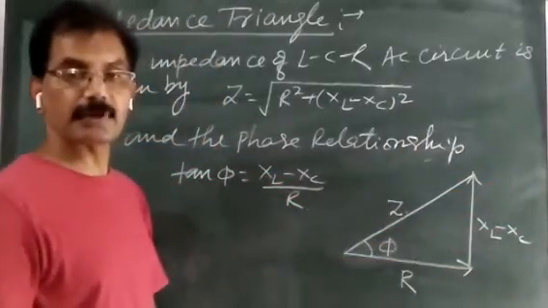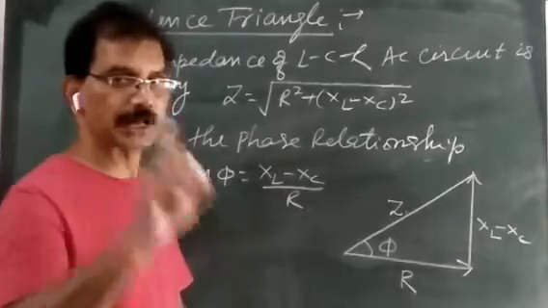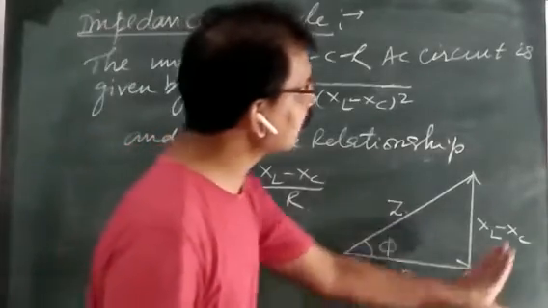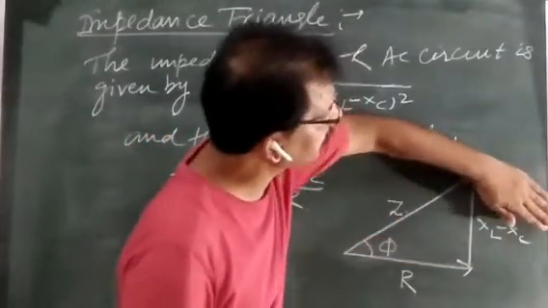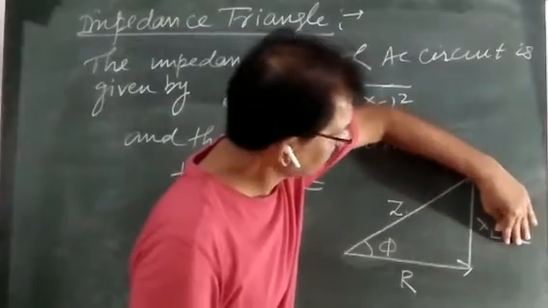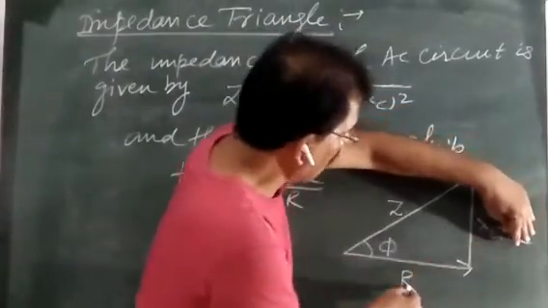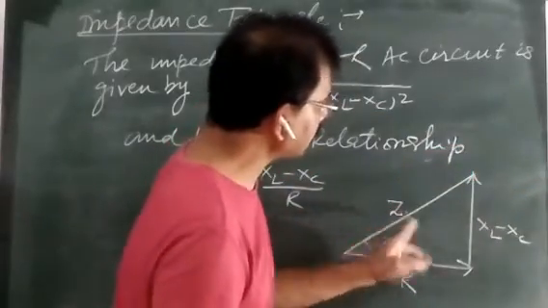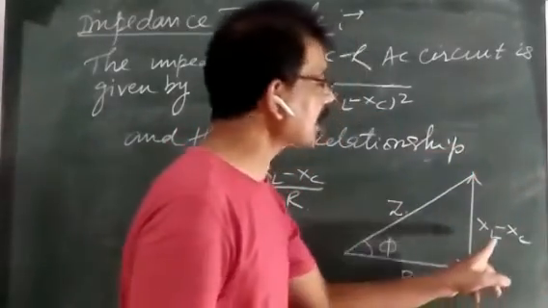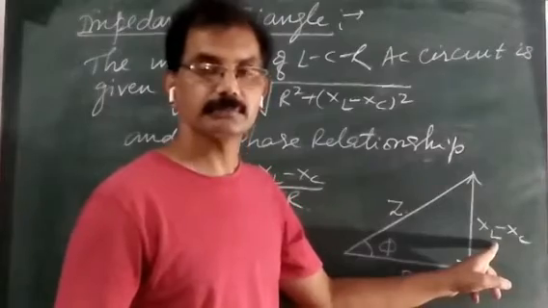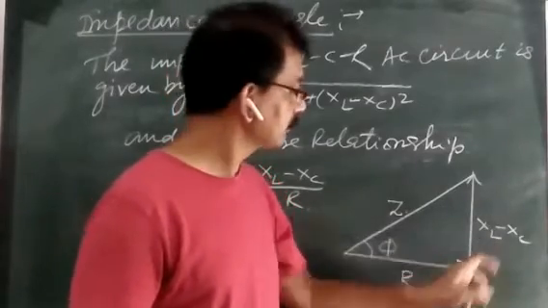Suppose if the circuit is given LR circuit, वहां पे C नहीं है, तो XC वाला टर्म हटा दीजिए, तो क्या मिलेगा, tan phi is XL upon R, and impedance of the LR circuit Z is equal to root R square plus XL square, which already have proved here.